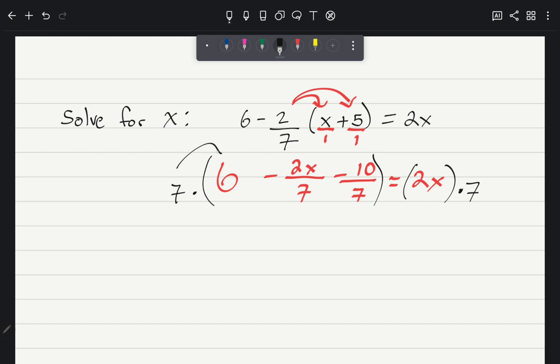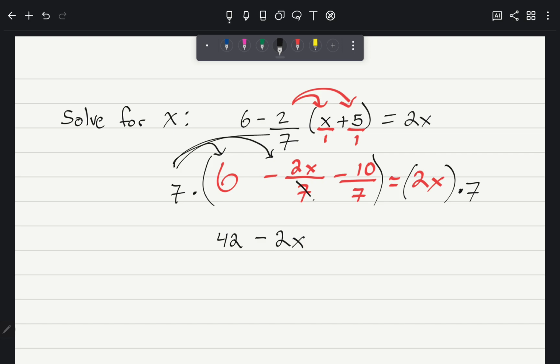We're going to do 7 times 6, and that gives us 42. And we're doing this because everything has to multiply. So 7 times 6 is 42. We can do 7 times negative 2x over 7. But what happens is that because we have 2 sevens, this 7 will cancel out, and I'm just left with negative 2x.